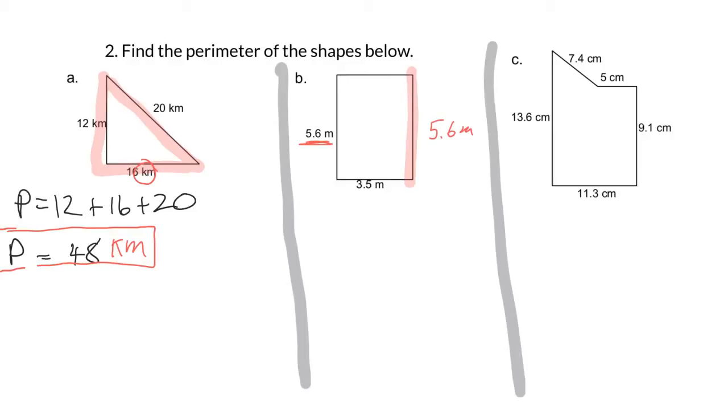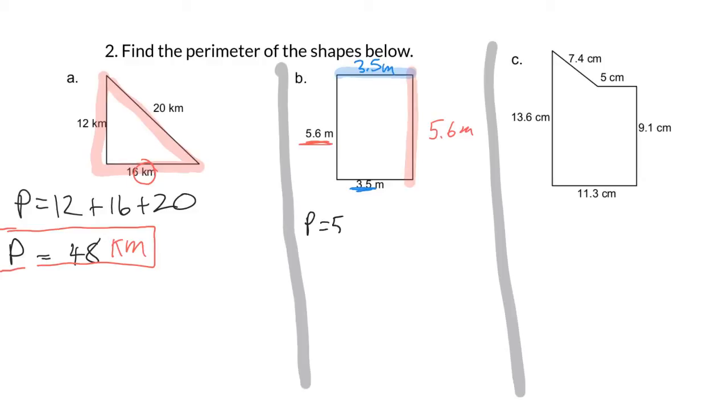Now, this side here, 3.5, is here, but it's missing on the other side. So this other side here must also be 3.5 meters.